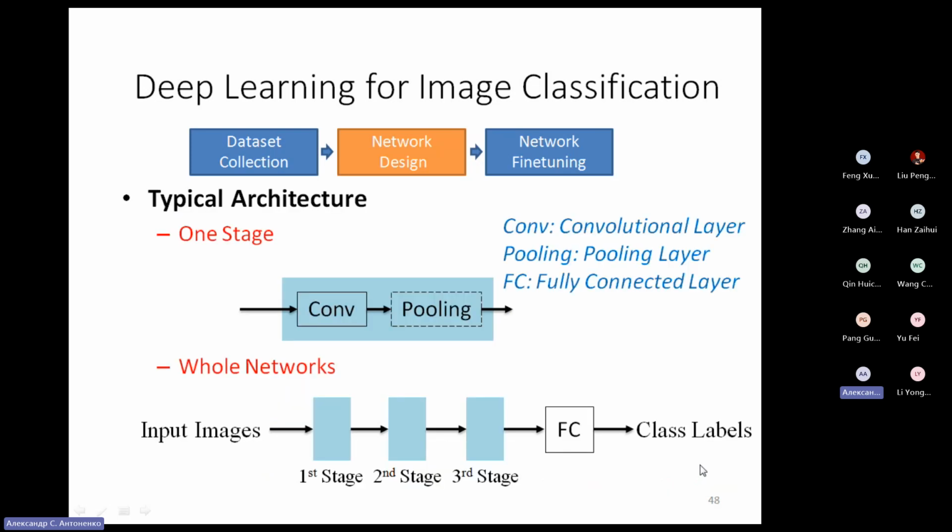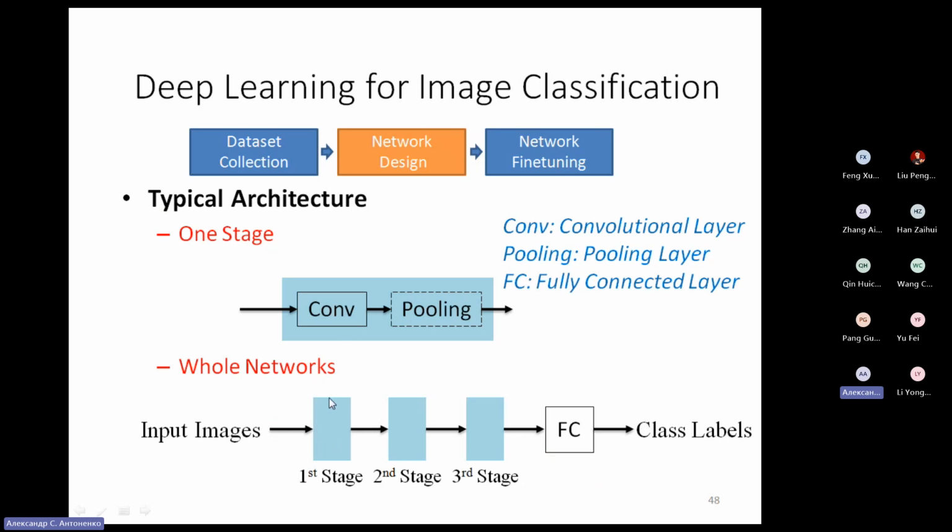Let's see what it looks like. At one stage, we have a convolutional layer and a pooling layer. I will describe why we need this combination a little on the next slides. And we use several stages. So this is one stage, convolution plus pooling. Here: convolution, pooling, convolution, pooling, convolution, pooling.